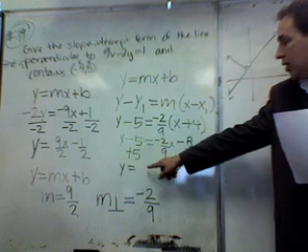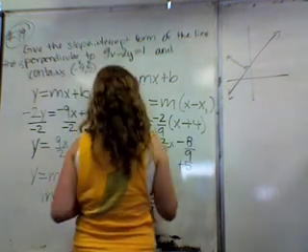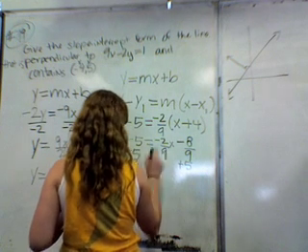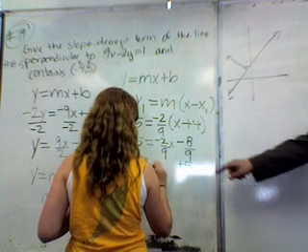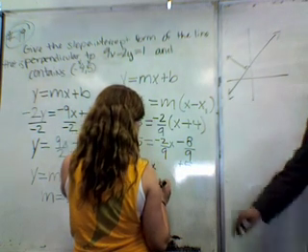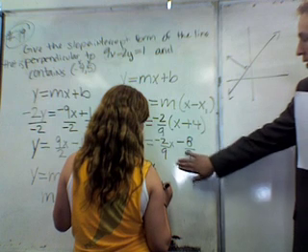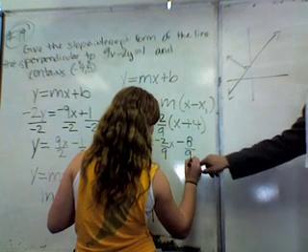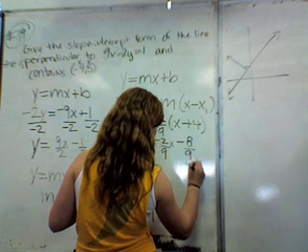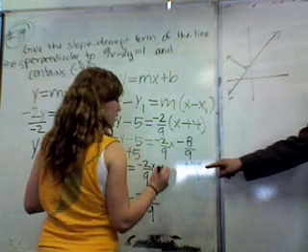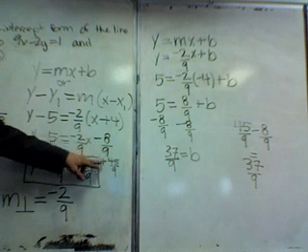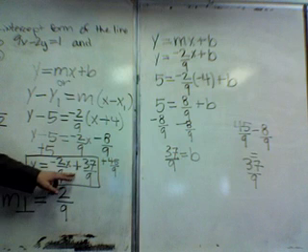So y equals -2/9 x plus, now -8 over 9 plus 45 over 9 is actually positive 37 over 9.